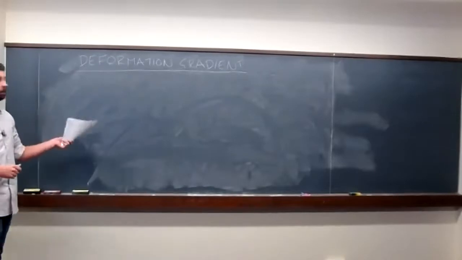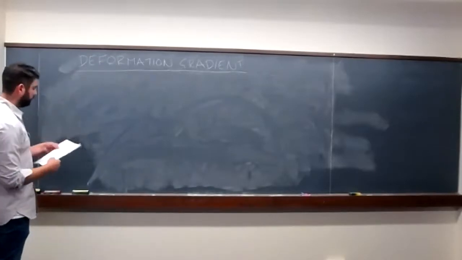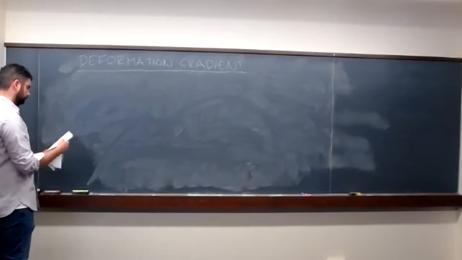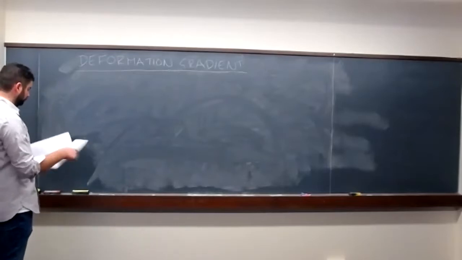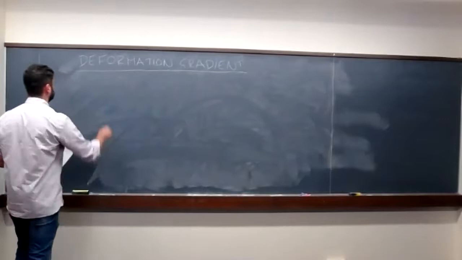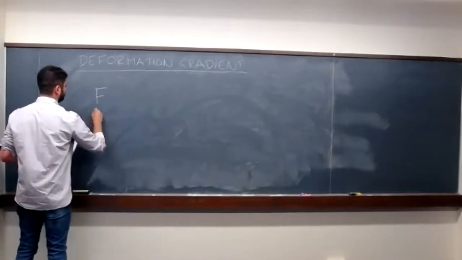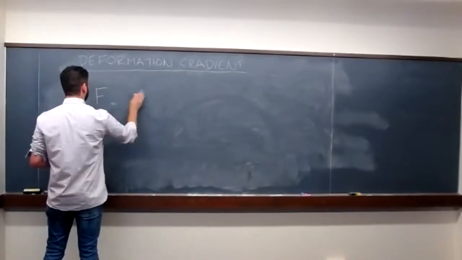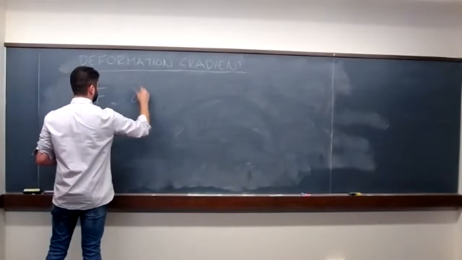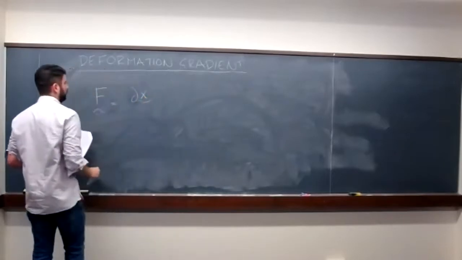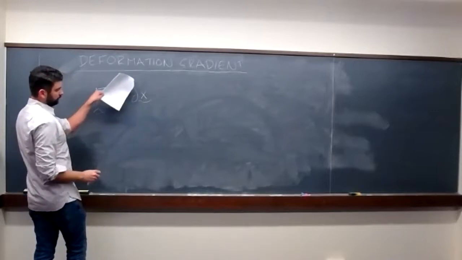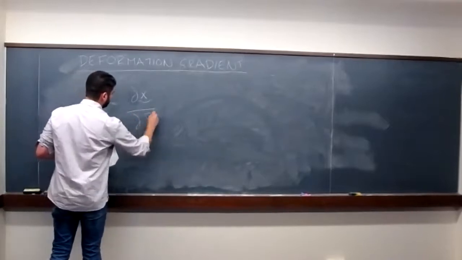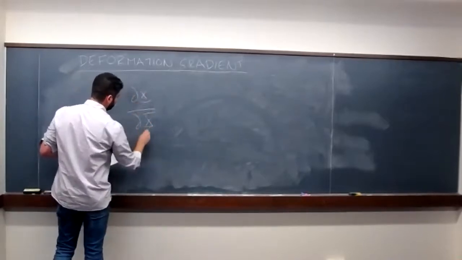But since we follow these rules, we can define something called the deformation gradient. And what that is, it's the gradient of the reference position taken by the current position, or of the current by the reference.